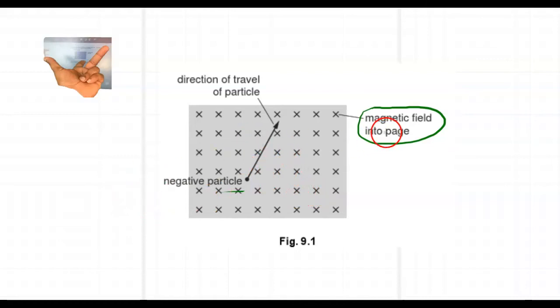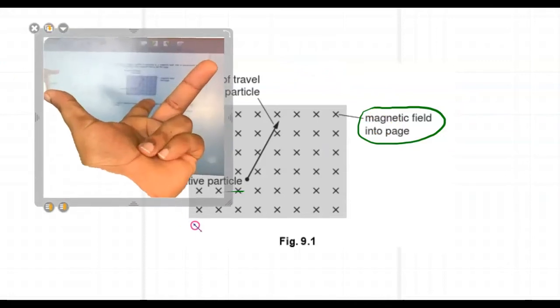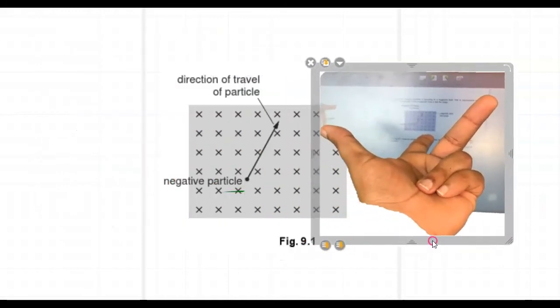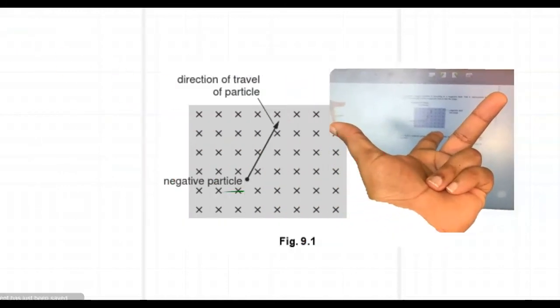So first step, we have decided it is Fleming's left hand rule. Now second step, we have to align our fingers. The alignment of the fingers is like this, you see here, into the page. First you should know FBI, that is, here is the force, this middle finger is the current, and this finger is the magnetic field line finger.